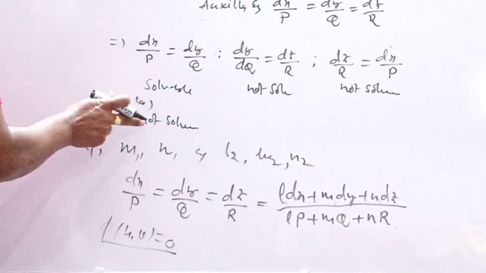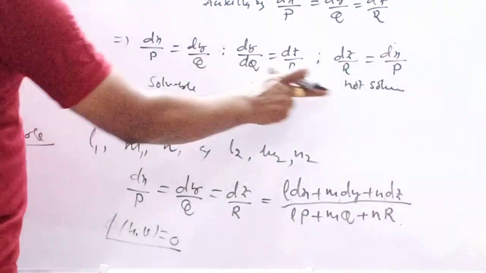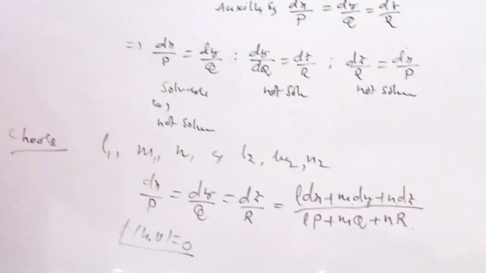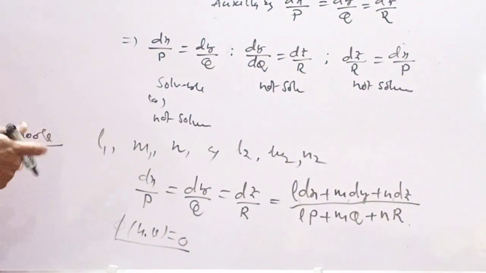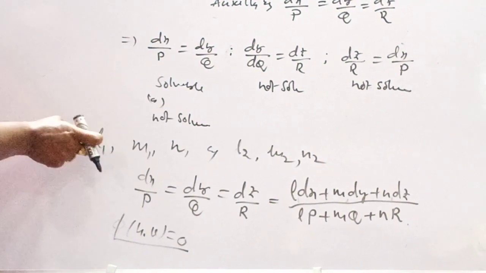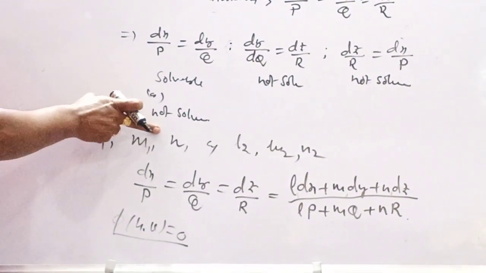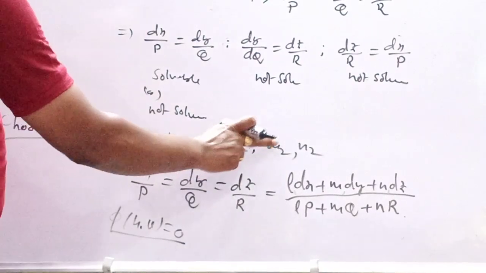Suppose this condition is not solvable; in that case we require 2 solutions, so we require 2 sets of Lagrange's multipliers. Set 1 is L1, M1, N1 and set 2 is L2, M2, N2.